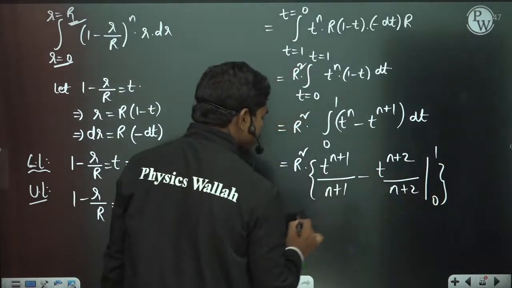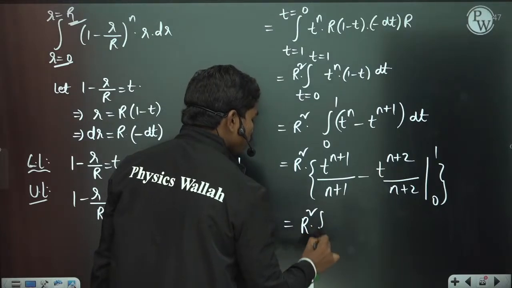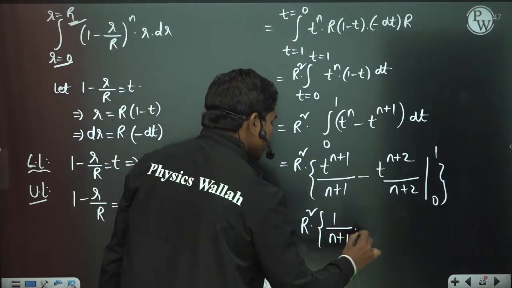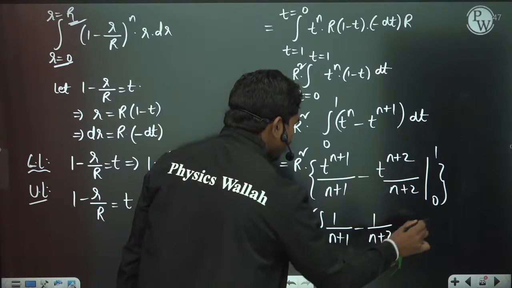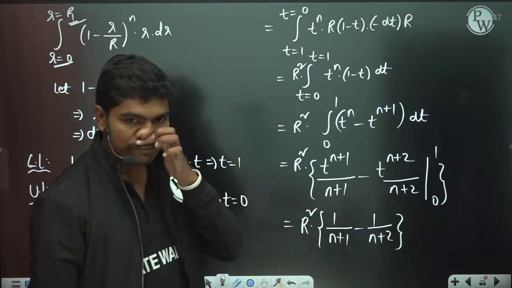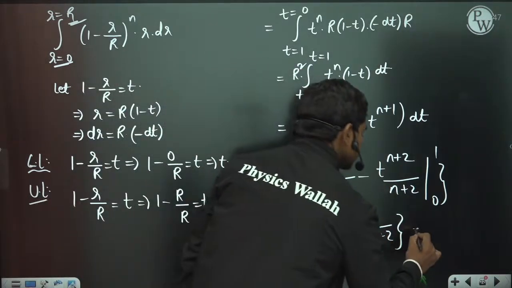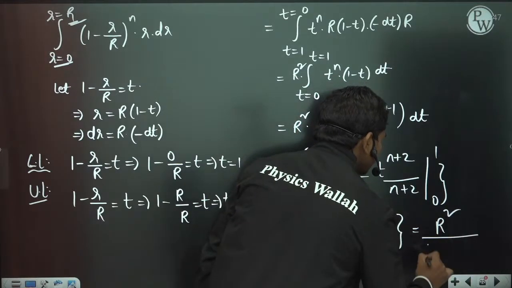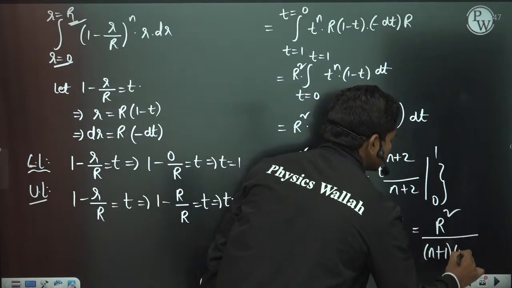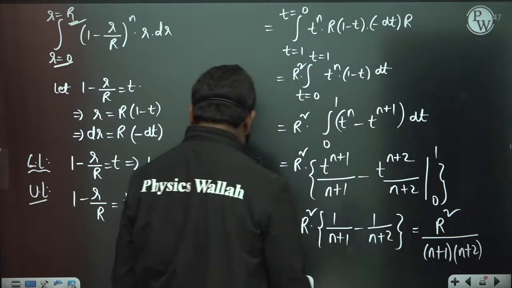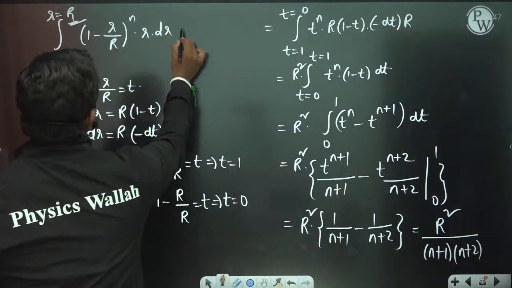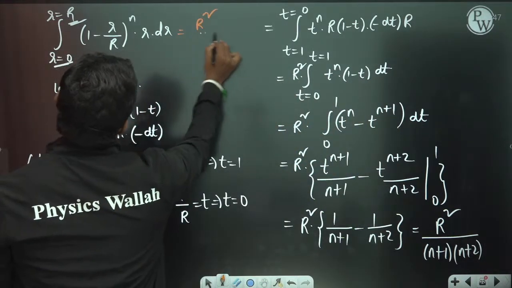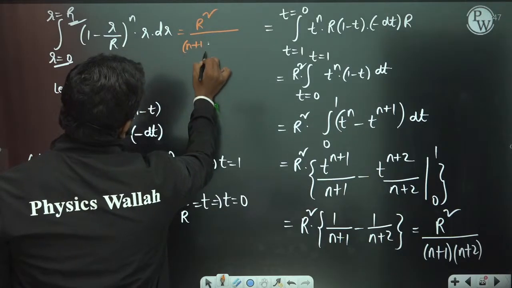When you substitute 1 here, R square times (1 by n plus 1 minus 1 by n plus 2), and when you substitute zero, this is 0. Now if you take the LCM, you will get R square by (n plus 1) into (n plus 2). This is the value of this integration.